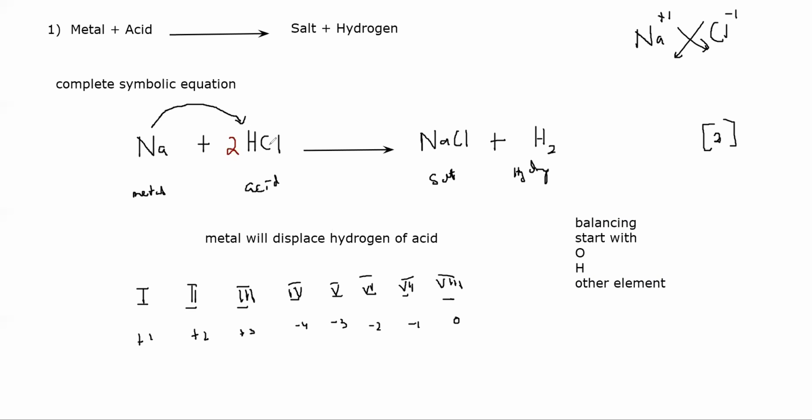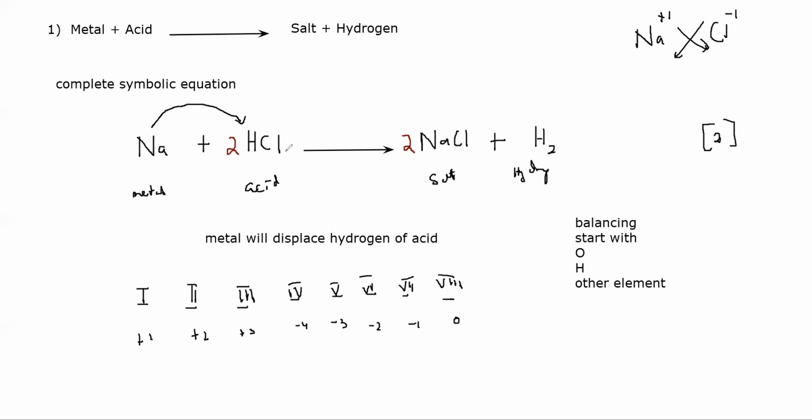How many chloride are there on the left hand side? 2 chloride on the left hand side. And how many chloride on the right hand side? Only 1. So we will put 2 here. So chloride is also balanced.